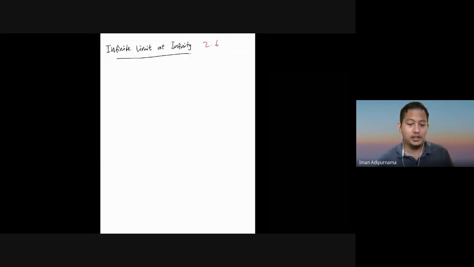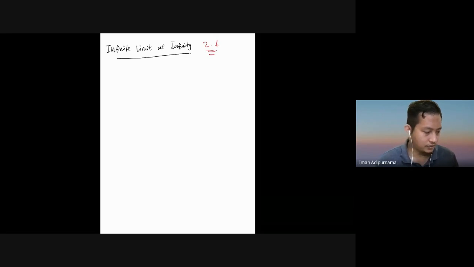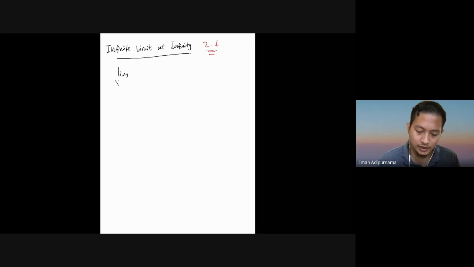Now there's a subsection still in 2.6. It's still limits at infinity, but it's called infinite limits at infinity. The notation is the limit as x approaches infinity of the function f equals infinity, so the result will be infinity.